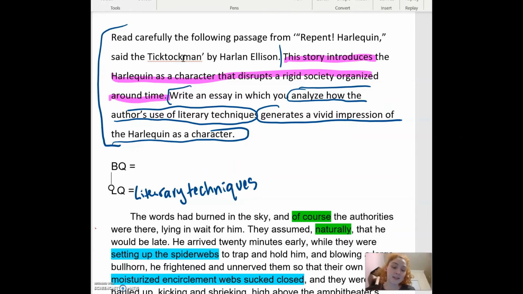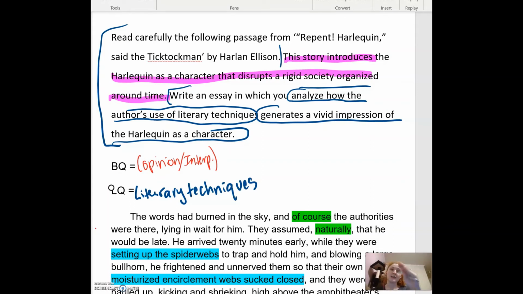And so then that means the other question is the big question. The big question is always something that asks you for an opinion or an interpretation. At the core, an AP literature essay is an argument where you are stating what you think is happening in the passage and then you defend what you think is happening.